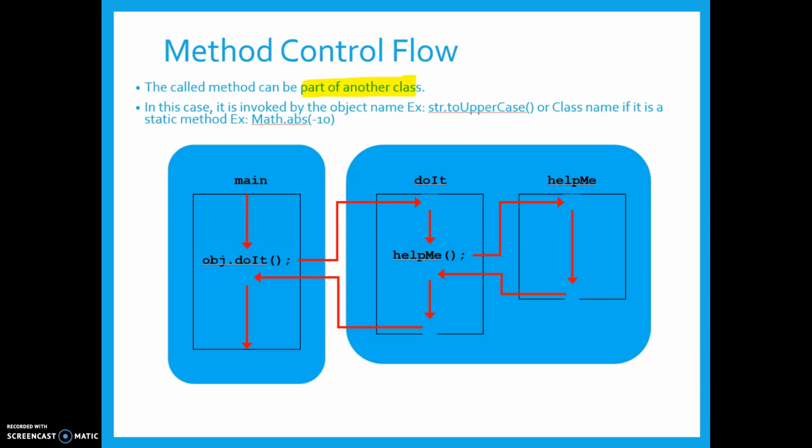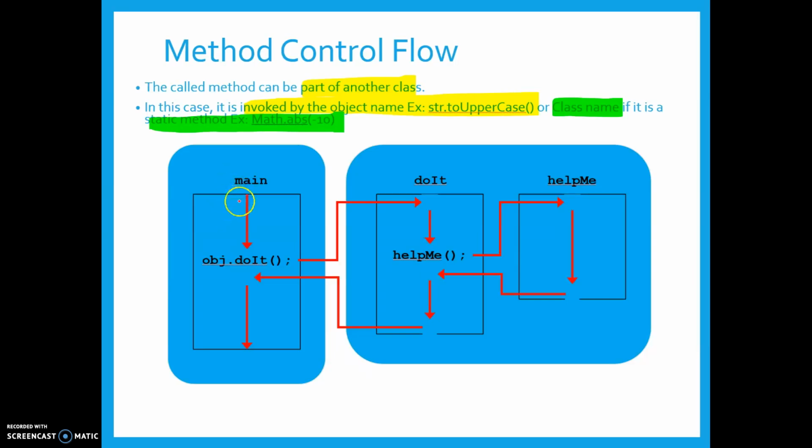If it's part of another class, we can invoke this two ways. One way is to invoke it by the object name, and we've seen that before when we've used our String class methods. Or if the method happens to be static, then we will invoke it by the class name, and we've seen that when we worked with our absolute value method or any other methods of the Math class.